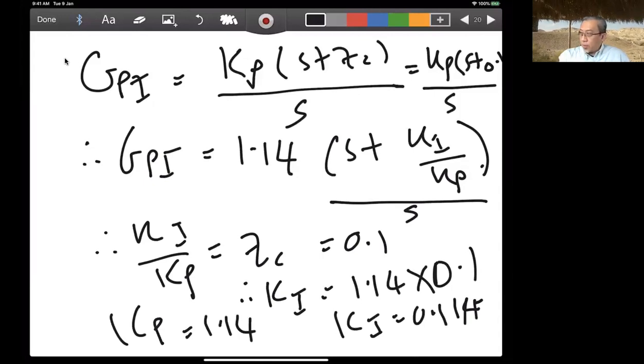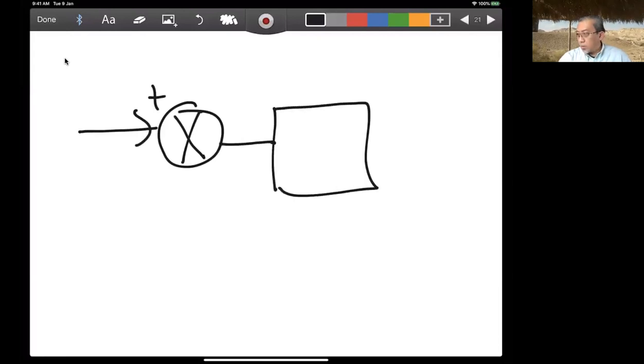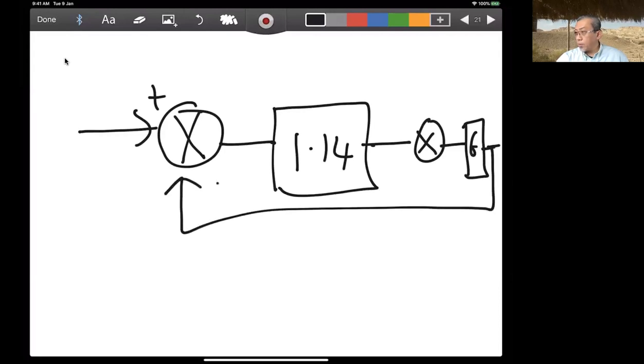So the total block diagram of the controller will be like this. Positive, 1.14 Kp, G, then feedback here, and this is the reference.